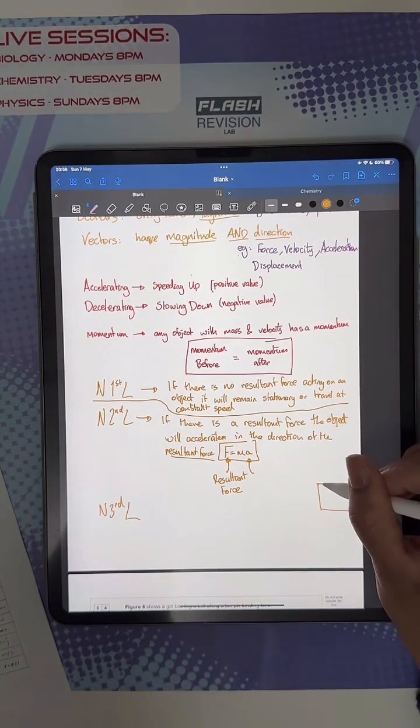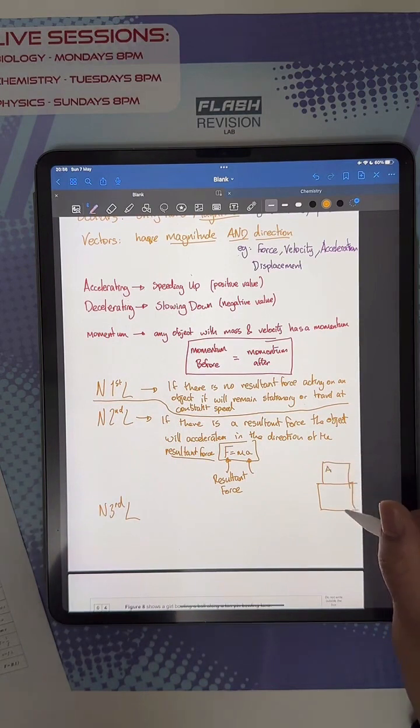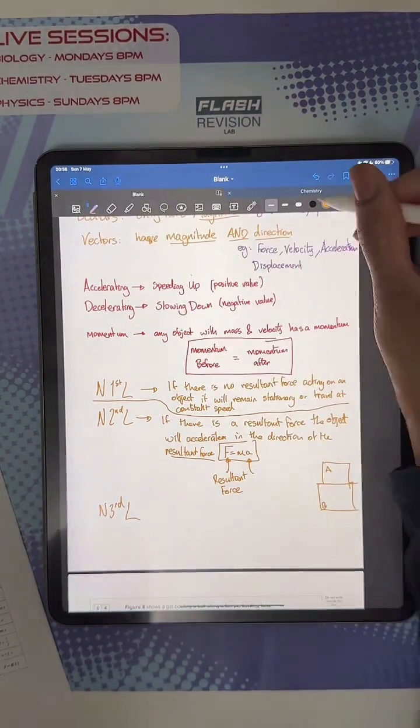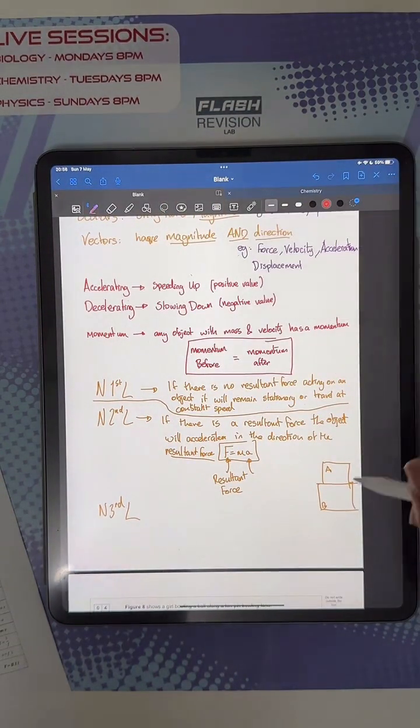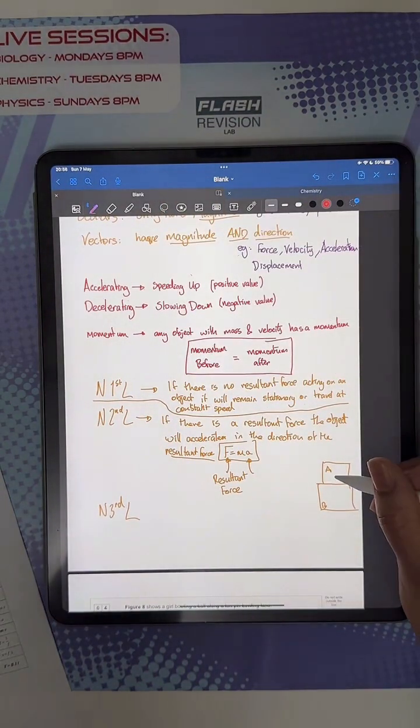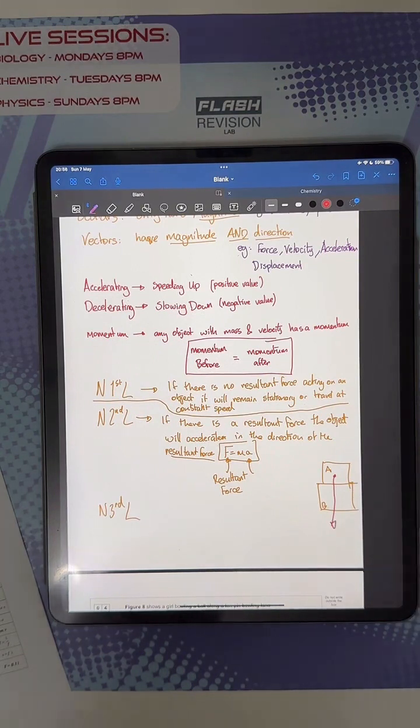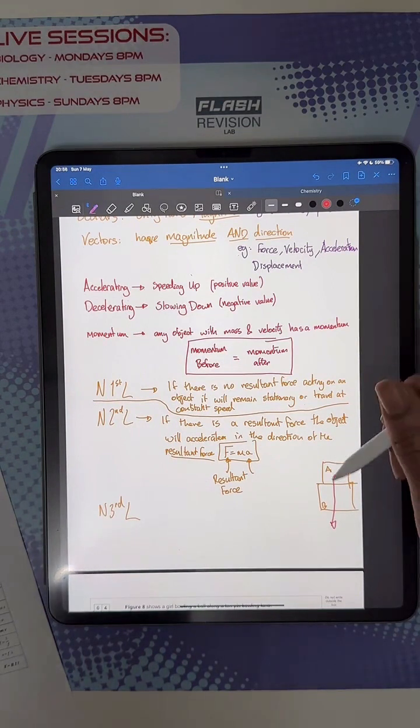We'll call the top one box A and the bottom one box B. Let's look at box A. The only force acting on box A is its weight. It's acting downwards. According to Newton's first law, if that's the only force acting on the box, it should be moving downwards. But it's not.